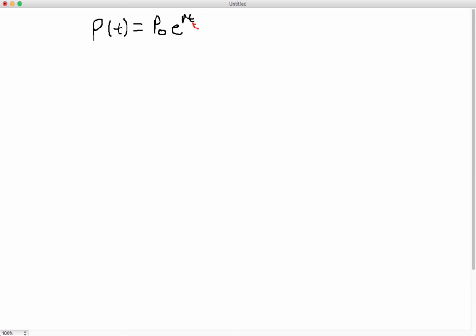How do we use this model? A couple things to know about it before we get started. P of t is the amount at time t. This is a good place to be taking notes if you're not already. P sub 0 is the initial amount.